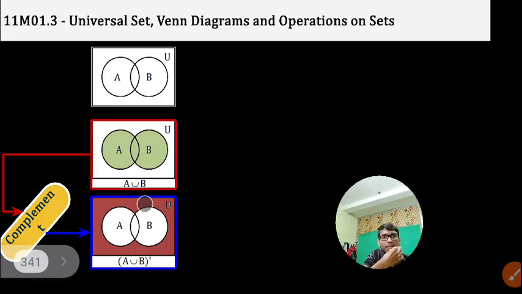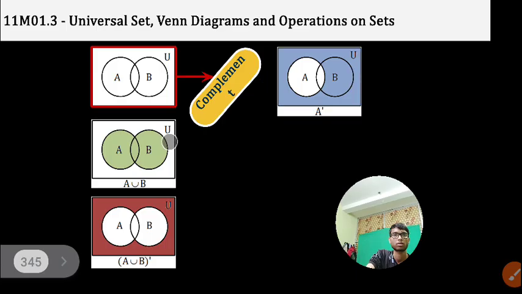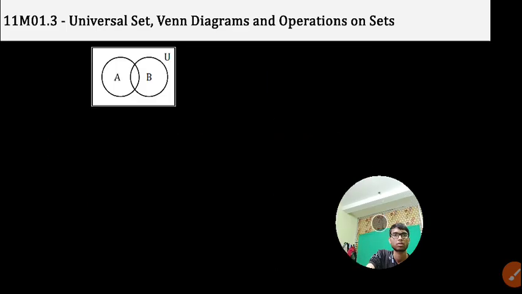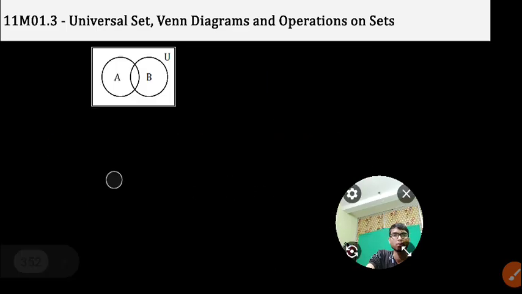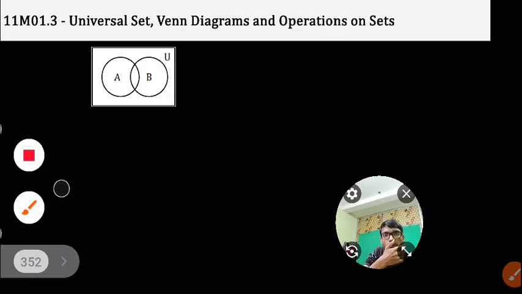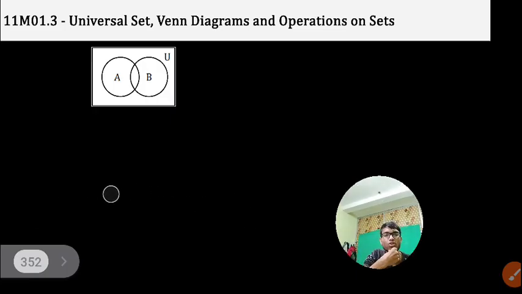This red is the complement of these two sets. These two circles are the complement of this.